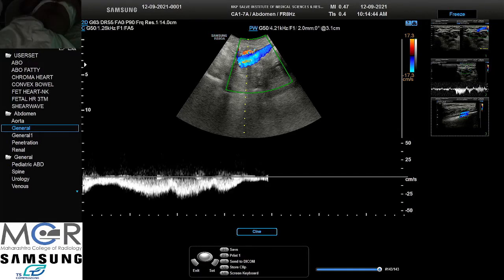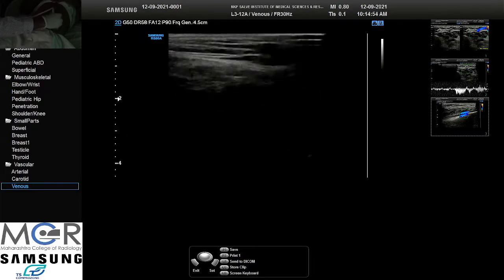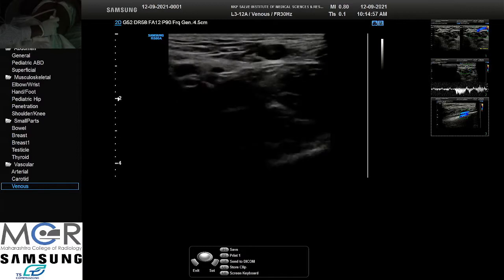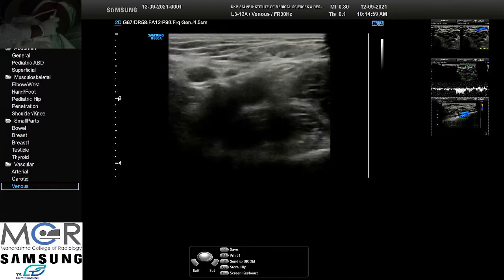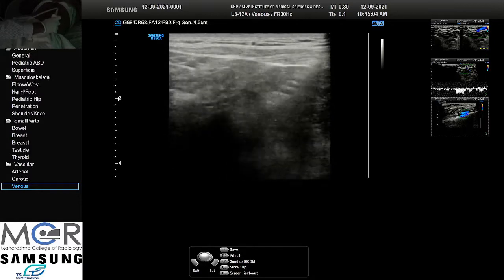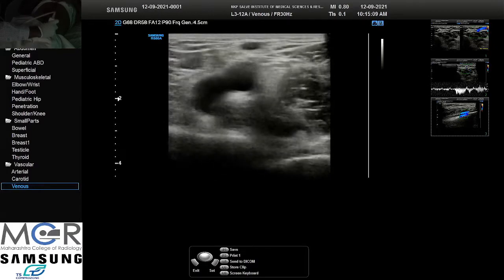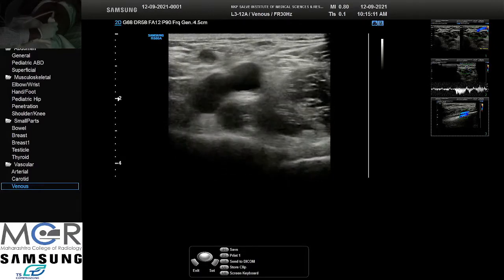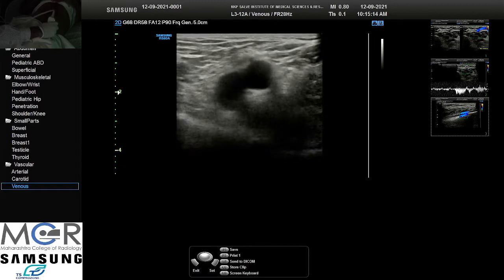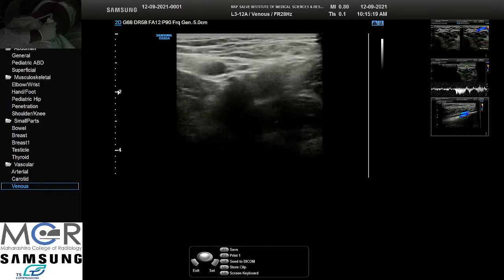We'll go to the lower limb, select the probe, select the setting. So that is the common femoral vein and artery.